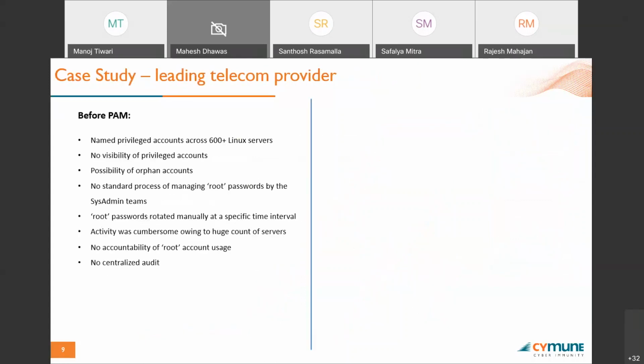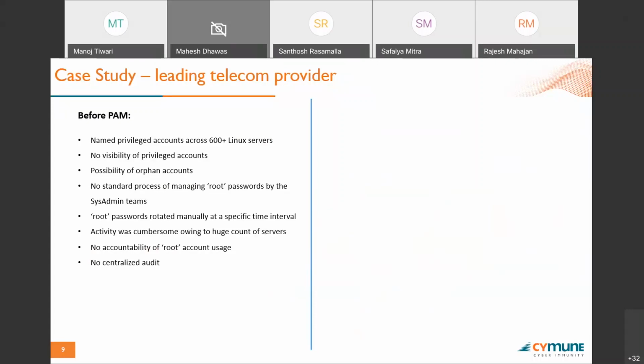I'll just talk about one case study of what the customer gained when we implemented PAM. When we were doing some assessment at this customer's place, we found that on the Linux servers, which were around 600 odd, this customer was having named accounts on most of them, just to get some accountability, right?